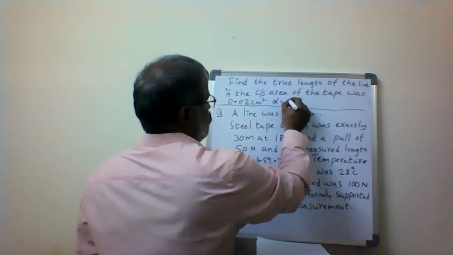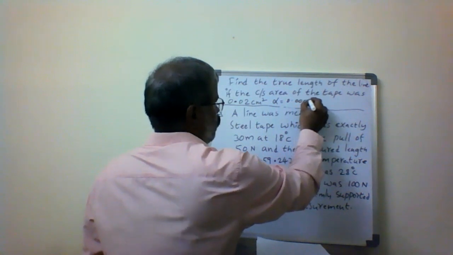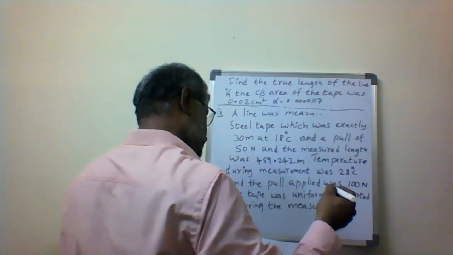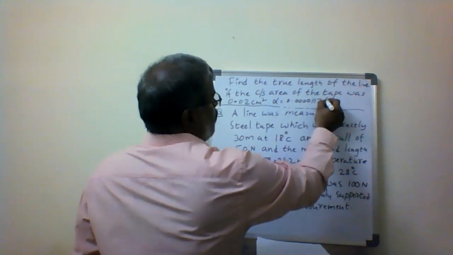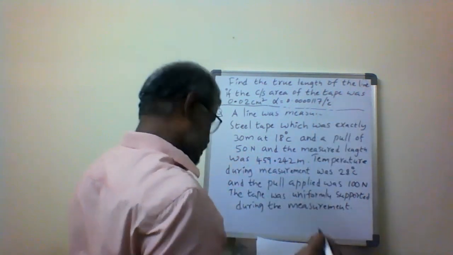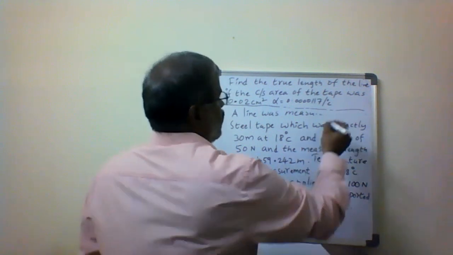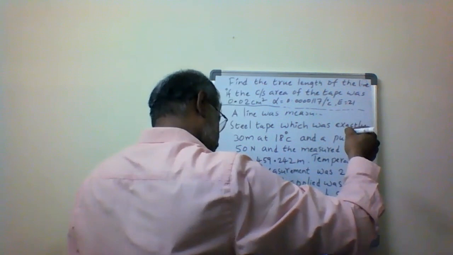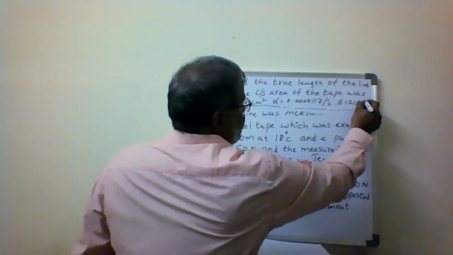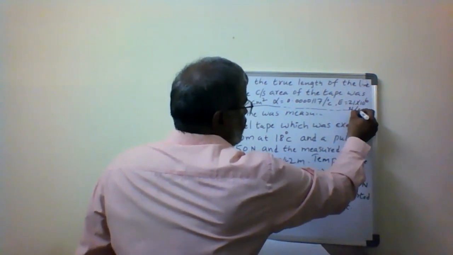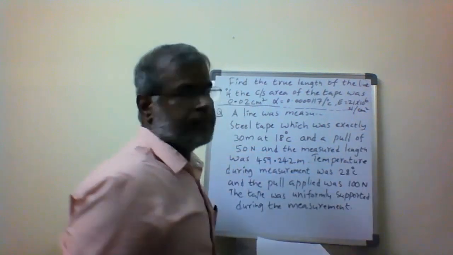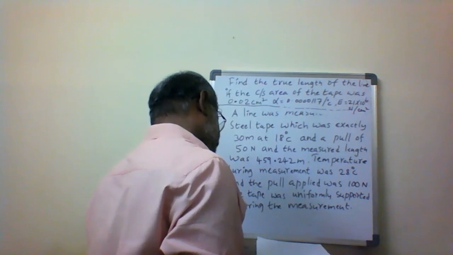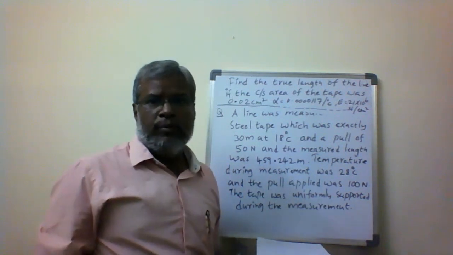Alpha equals 0.00117 per degree centigrade. E is 21 into 10 power 6 Newton per centimeter square. So this is the problem.